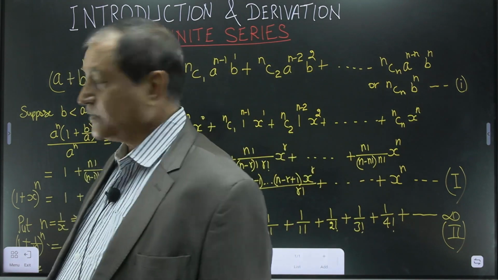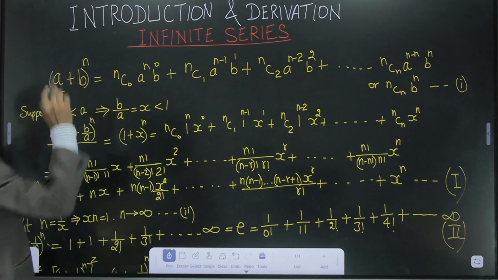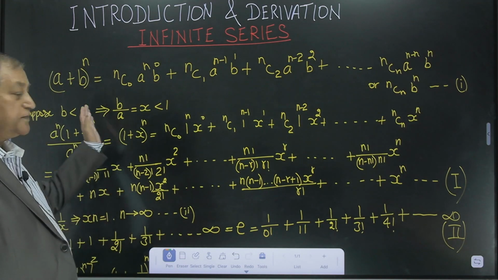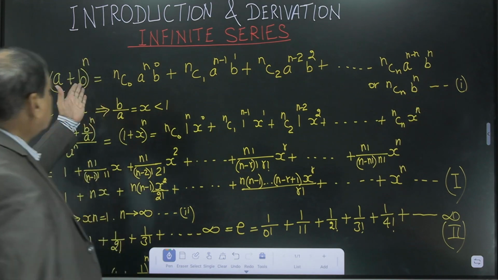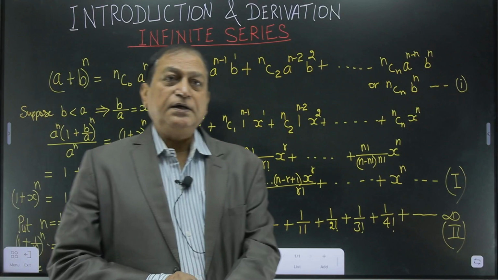So let us start with the binomial theorem. a plus b raised to the power n, this is the normal expansion of the binomial theorem. I think you are all aware of that.